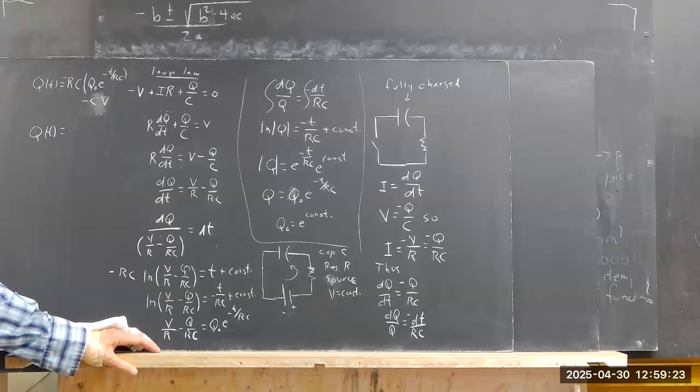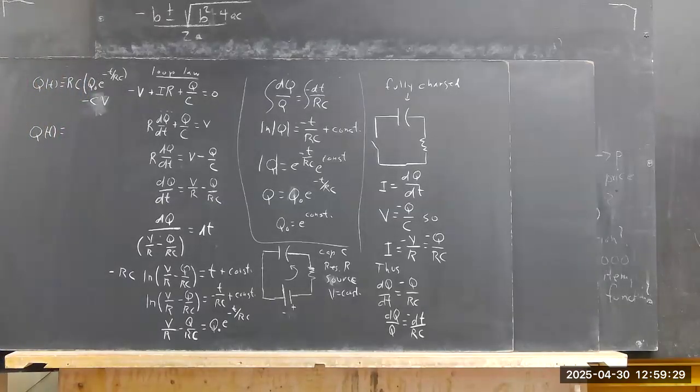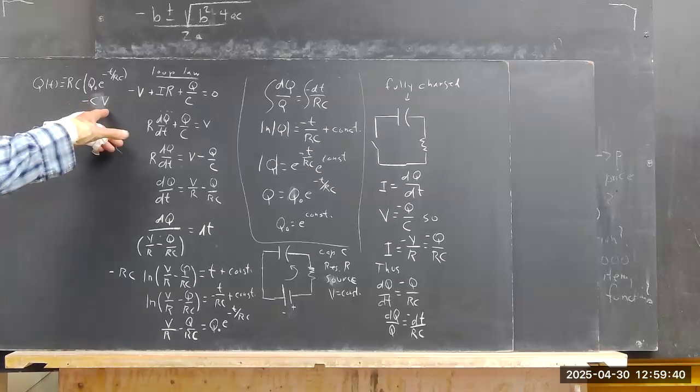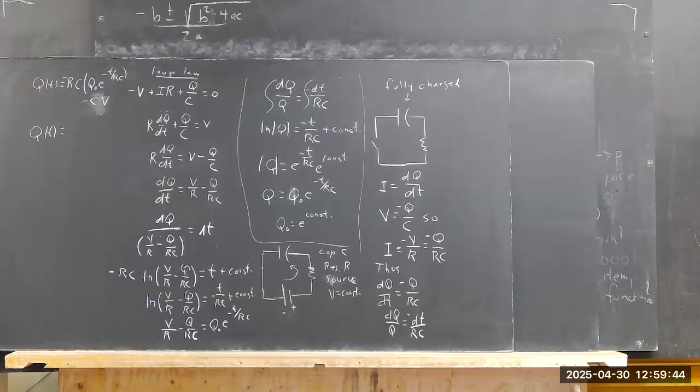You see any? Now CV has the right units. Capacitance times voltage gives you charge.